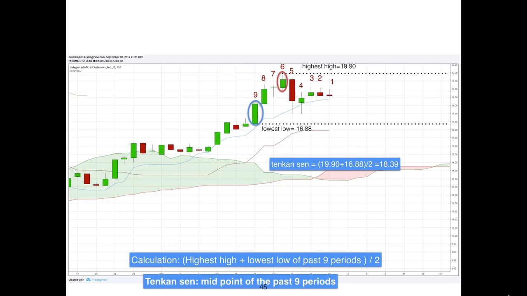So to get the Tankenson, we add 1990 plus 1688 and divide the sum by 2 to get 1839. That 1839 is plotted as a point in the Tankenson line, which is the blue line. So that blue line is made up of a series of averages over a period of time.